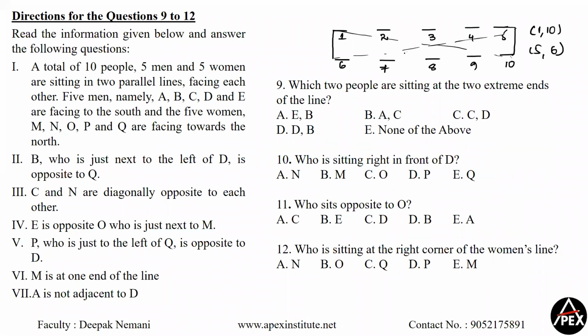2 and 8, 3 and 7, no, they are not diagonally opposite. How can they be diagonally opposite places?